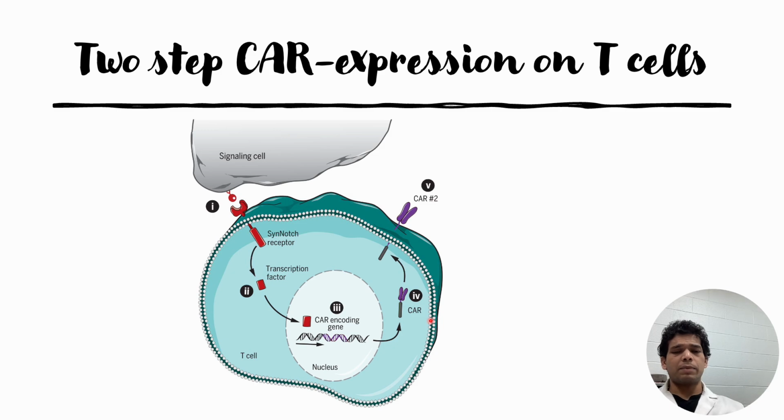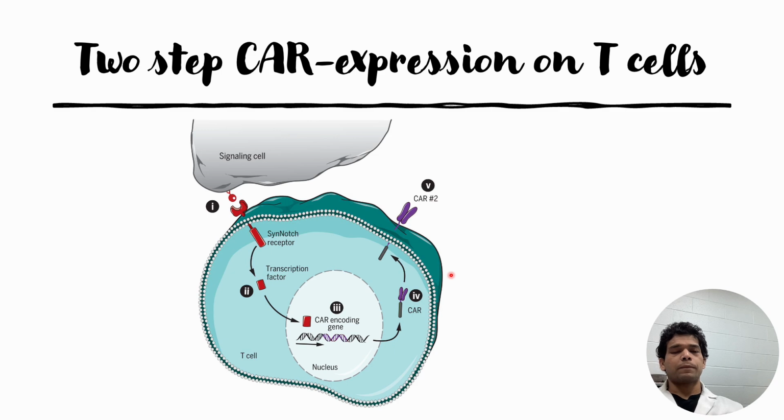This inducible Cas9 is by nature inactive in these genetically engineered T cells. But once a small molecule inhibitor is injected or introduced into the patient, it will activate this inducible Cas9, which is not shown in this figure, and that will trigger rapid apoptotic cell death.